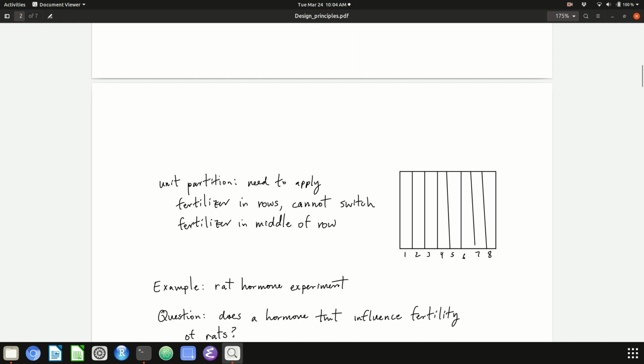So for that reason, the rows in this example are the unit partition, because you must apply the same fertilizer to all the locations within a row. But when you move to the next row, you have the option of switching to a different fertilizer. So therefore, the rows are the units. This division of the field into rows is the unit partition.